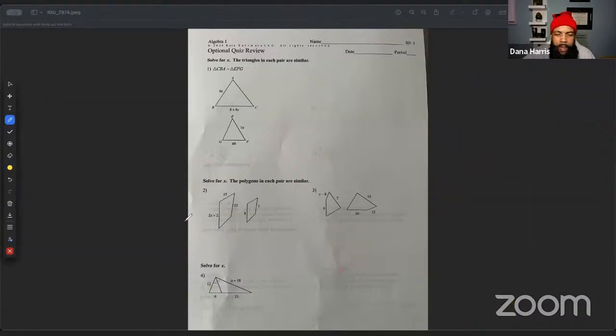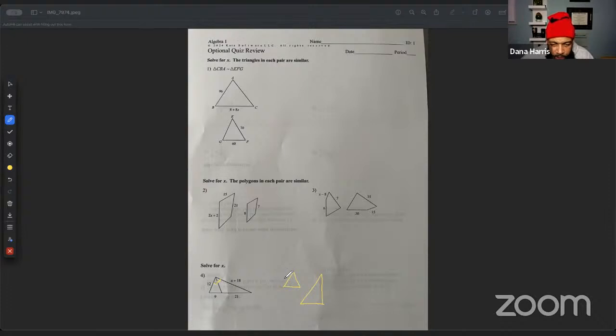Okay. Last but not least, we want to do number 4. This is important down here, because these angles that are marked tell me that those angles are congruent. So the proportionality would look like this. I would have this small triangle here, and then this larger triangle here.